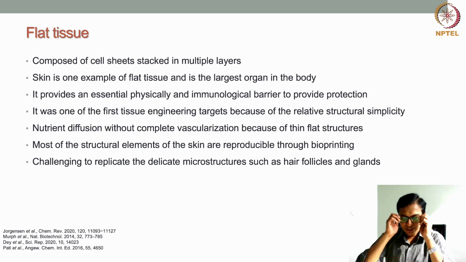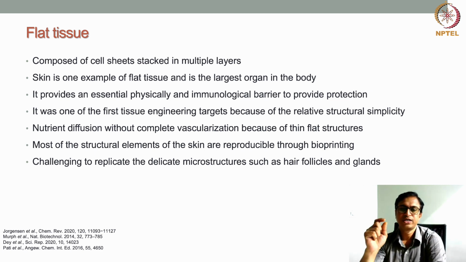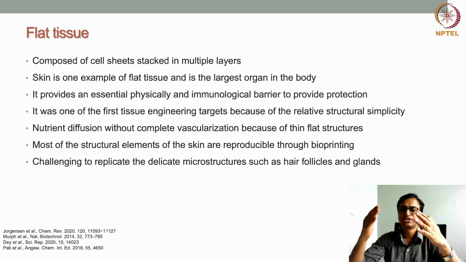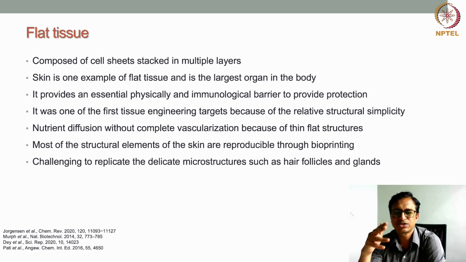Another important thing to remember for flat tissue is that the depth is not very high, because they are mostly thin structures. So for the cells present within the bioprinted tissue, because of this thin nature, nutrients and oxygen can easily diffuse into the tissue, and there is not a stringent requirement of complete vascularization.